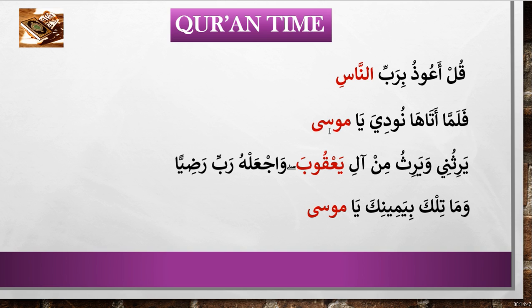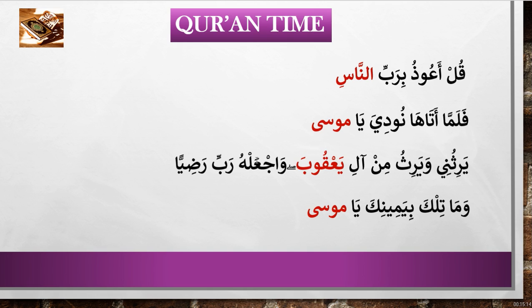So not only Musa is Marifa because it's a proper name, but also it has Ya, right? So this is an ayah from Surah Maryam. Yarisuni wa yarisu min ali Yaqub. Notice the A here. Yaqub is a partly flexible name, right?